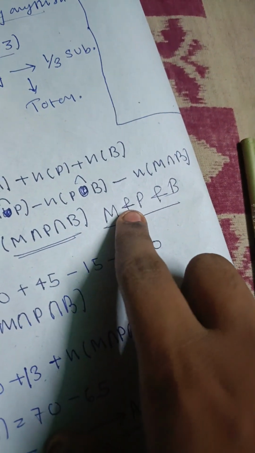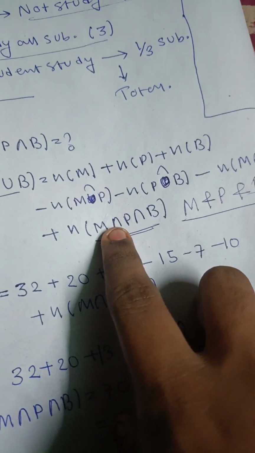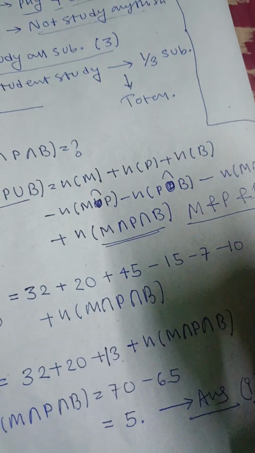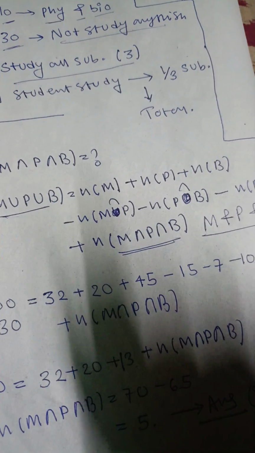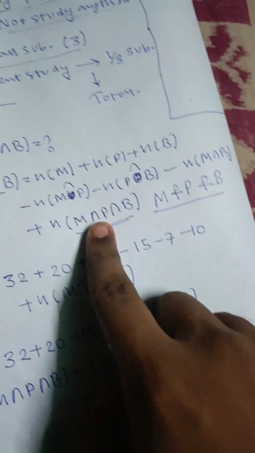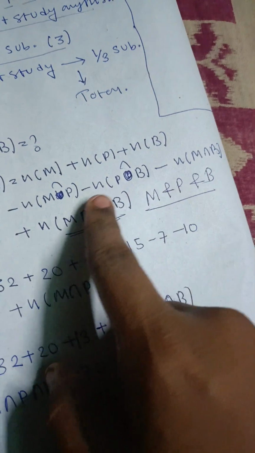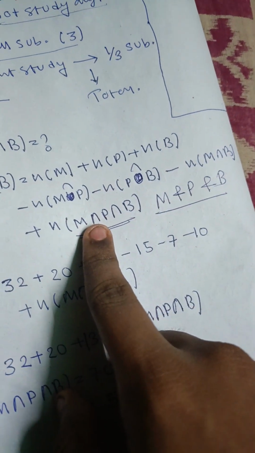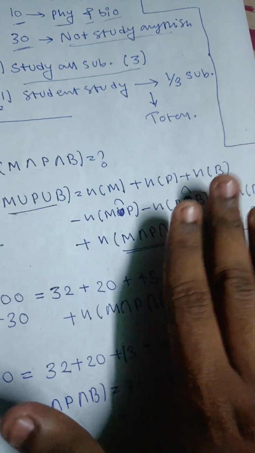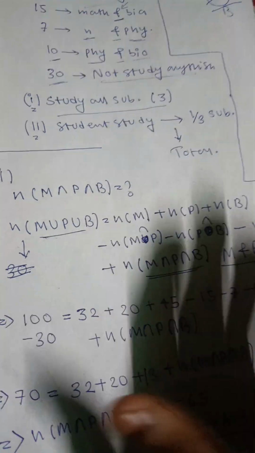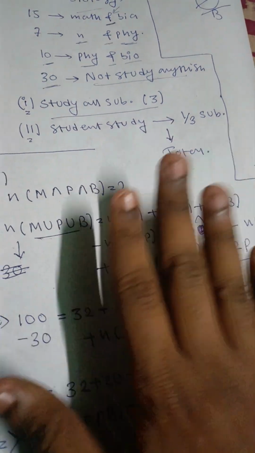So there are two "and"s. That means we have to find the intersection. I have taught you that intersection only means "and". So mathematically we have to find this thing. That's why we have to use the principle of inclusion and exclusion in this case.